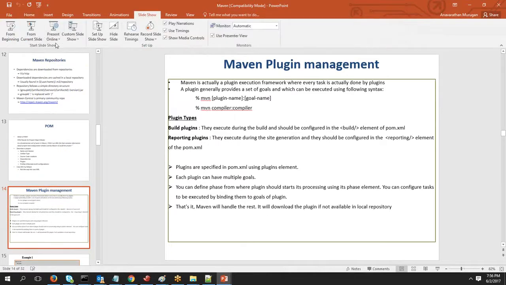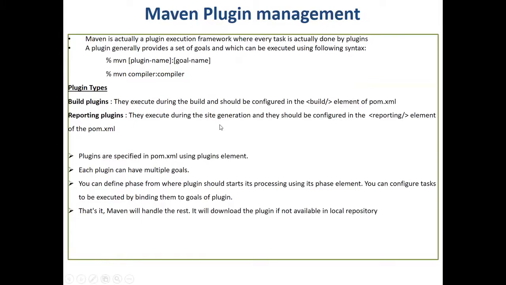Now, to understand that, let's first understand what is a Maven plugin. Now, internally, if you invoke Maven, you will be invoking a goal, right? And what happens? The goal will be calling a plugin, and the plugin is the one which will be actually doing a task.